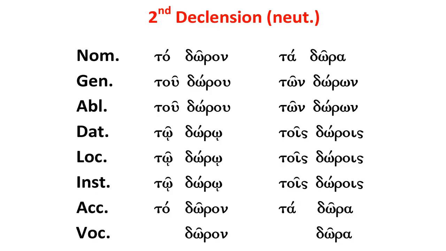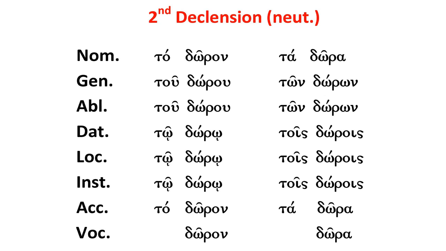Now we just looked at the second declension masculine and feminine forms, and here we have second declension neuter forms. And the only thing I want to point out here is that for the genitive, ablative, dative, locative, instrumental, it's going to be the same as what you just saw for the masculine, feminine second declension nouns. The only difference here is going to be in the spelling of the nominative case form and the accusative or vocative case forms.